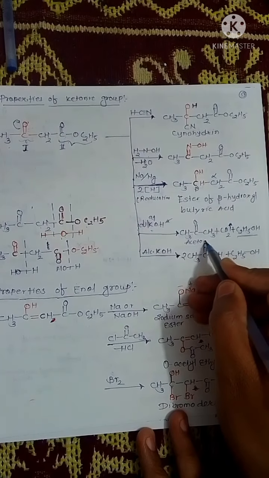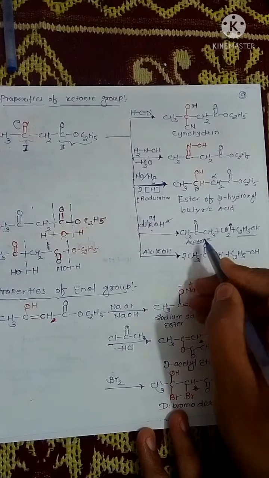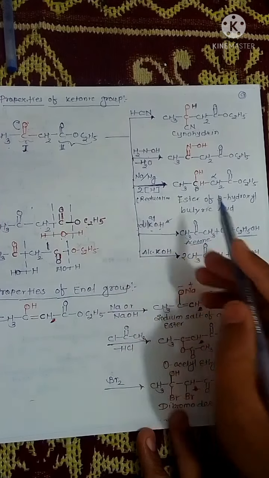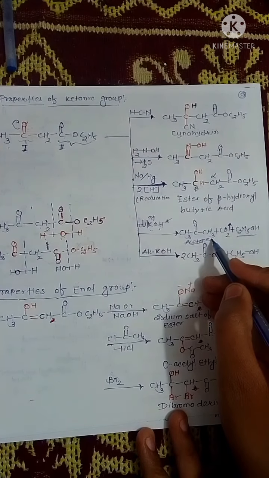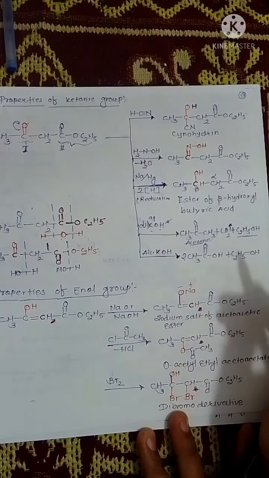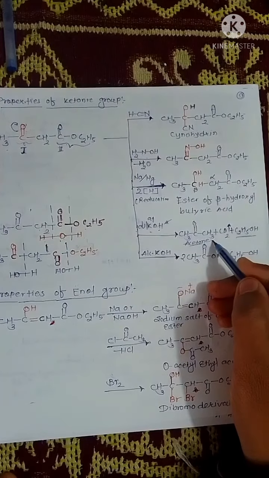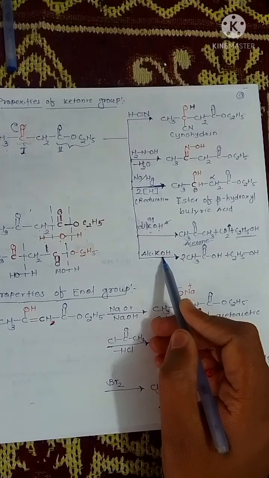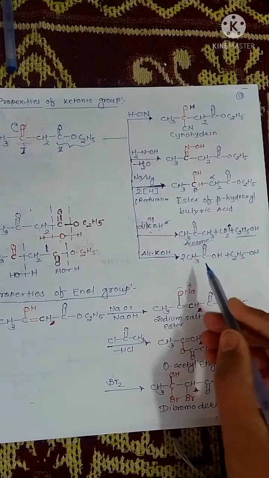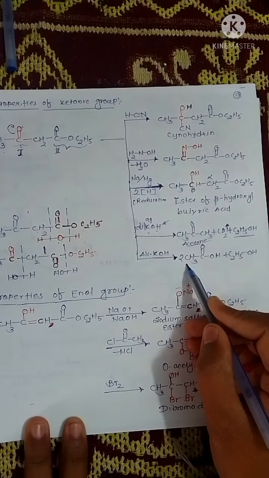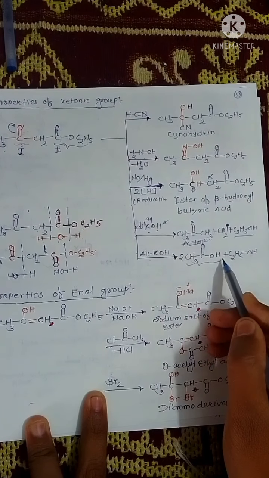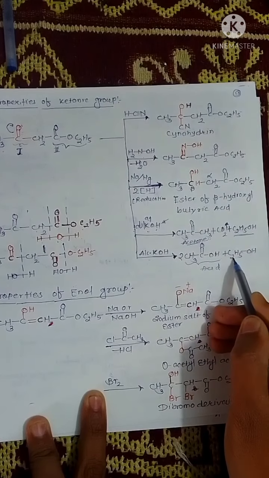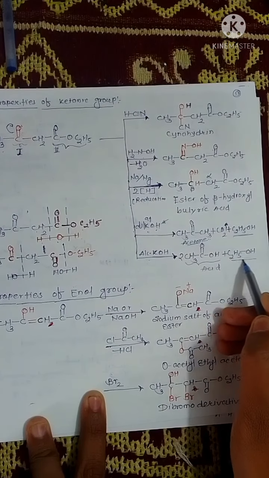So when we add aqueous KOH to ethyl acetoacetate, generally a keto molecule is formed. It is important, generally ketones are formed. Now if we add alcoholic KOH, just see here in the product what we got: acetic acid. So here is the acid and C2H5OH goes away.